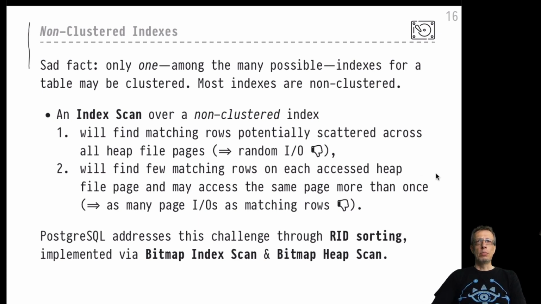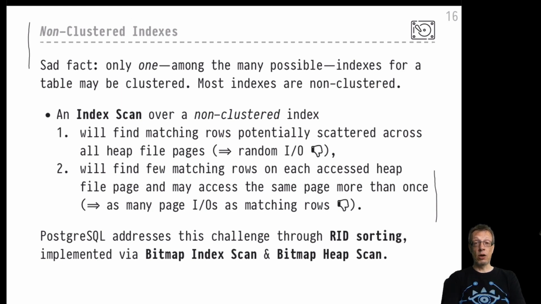Okay, because the rows that have adjacent C values are not to be found adjacent on the pages of the heap file, this also means that once we have accessed one heap file page, we will probably only find very few matches on there.